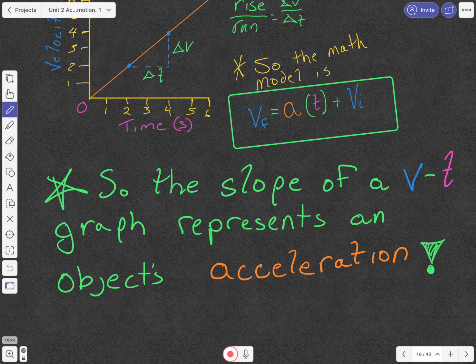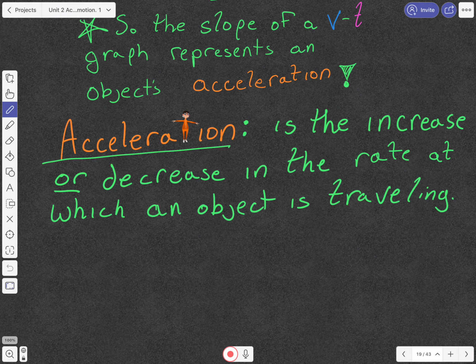So it's important to note that the slope of a velocity time graph represents an object's acceleration. An acceleration has a magnitude and a direction. So for those of you in my class, you should remember that that is a vector. Acceleration is the increase or decrease in the rate at which the object is traveling.